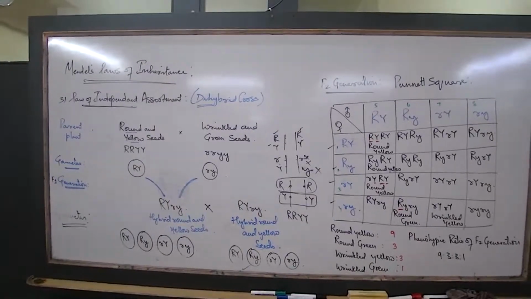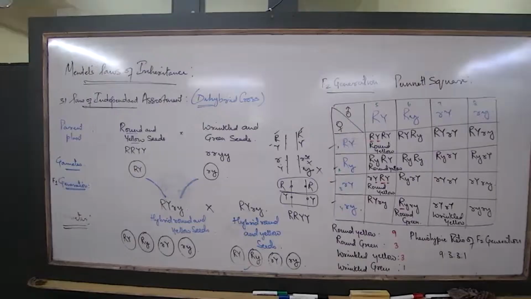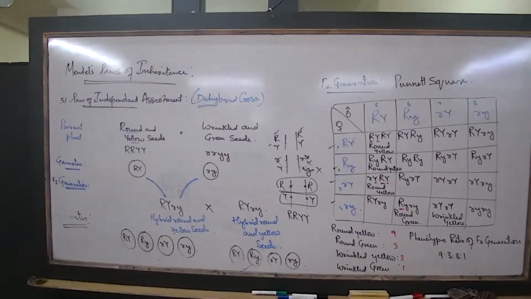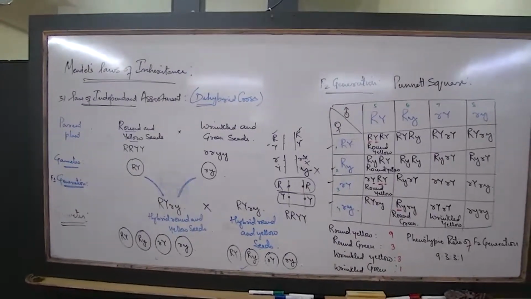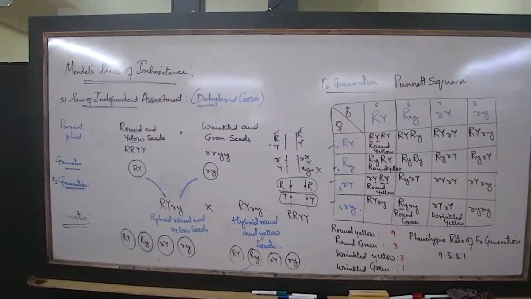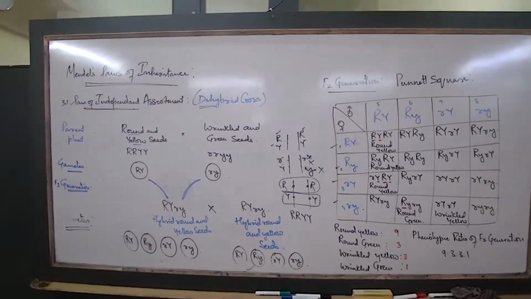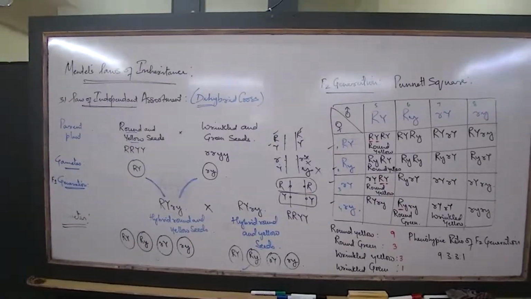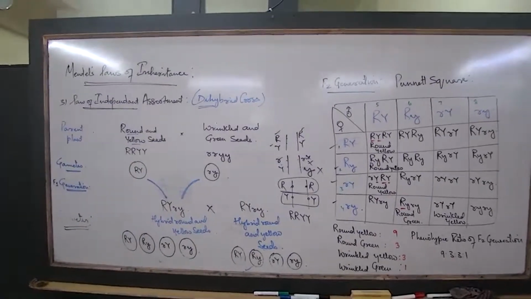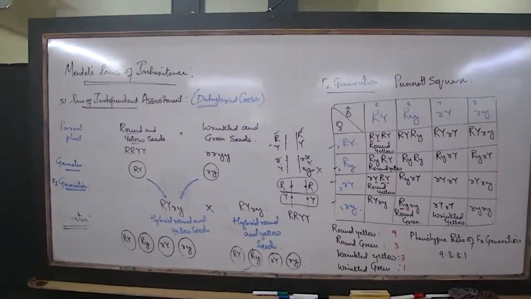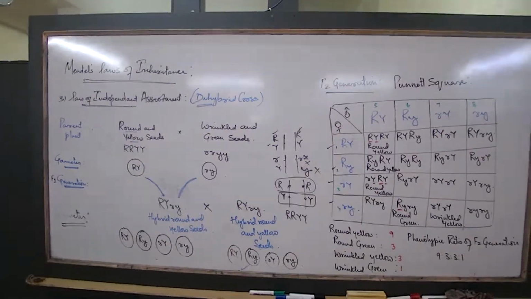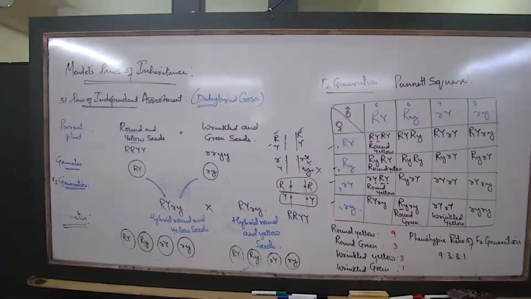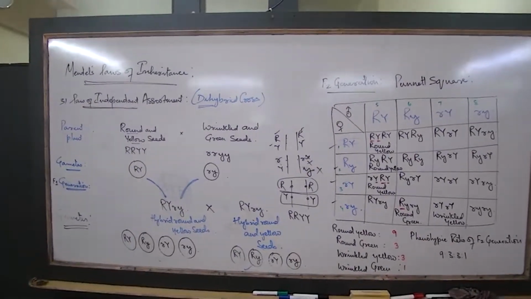How many plants in the F2 generation exhibit the parental phenotypes?